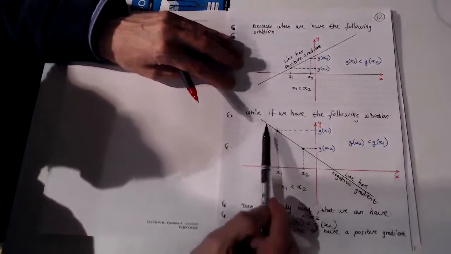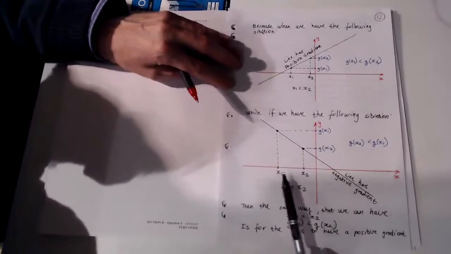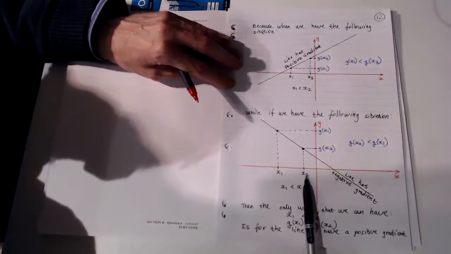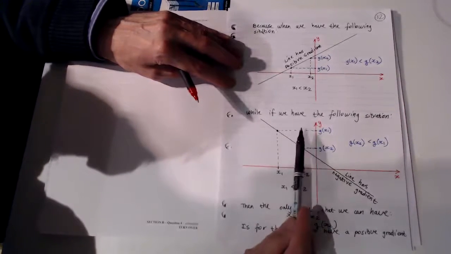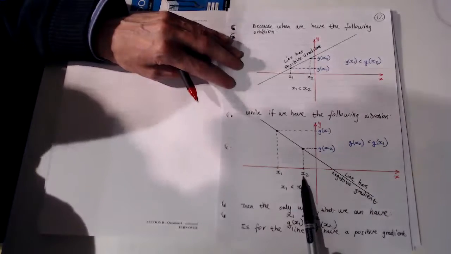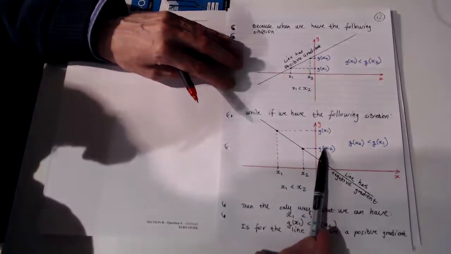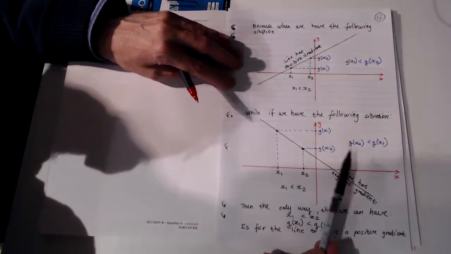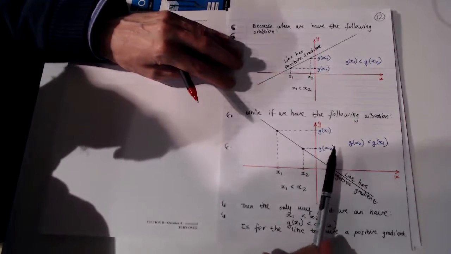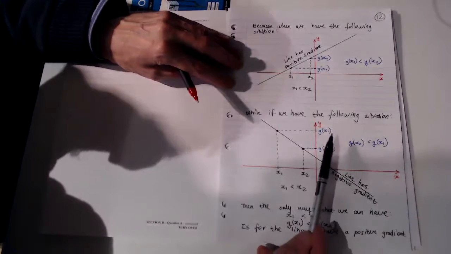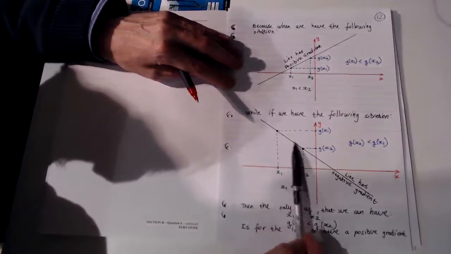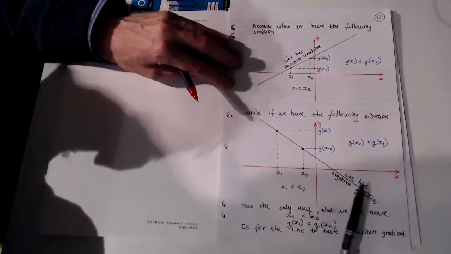On the other hand, if the line has a negative gradient, and x1 is less than x2, then that's g(x1) and that's g(x2), so g(x2) will be less than g(x1). That occurs when there's a negative gradient.